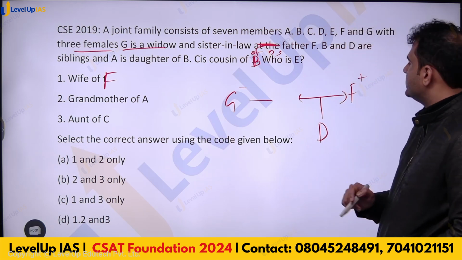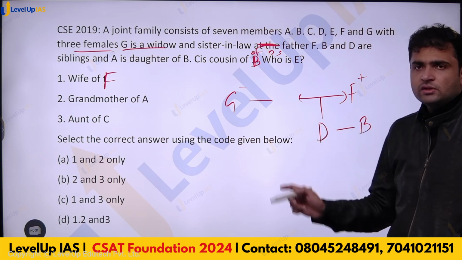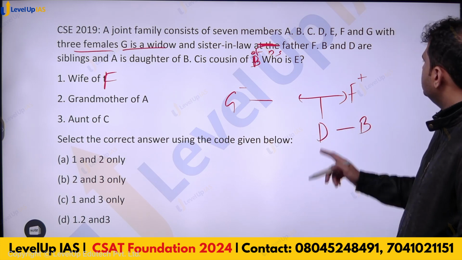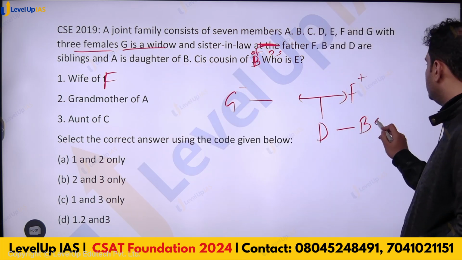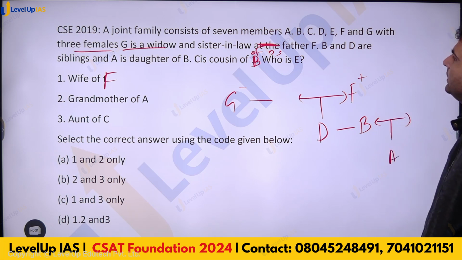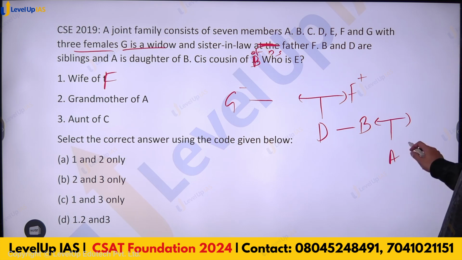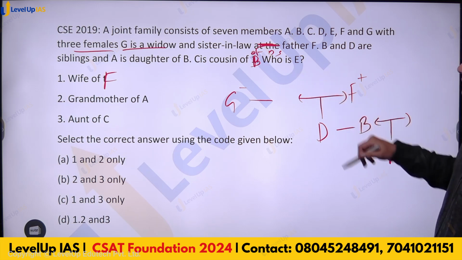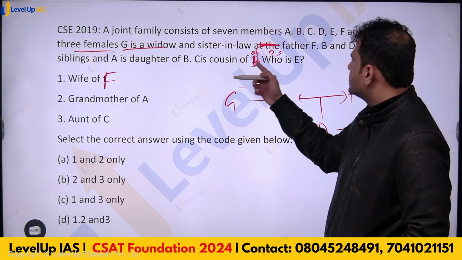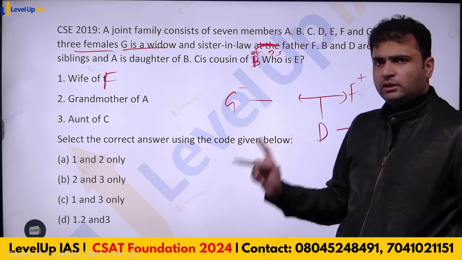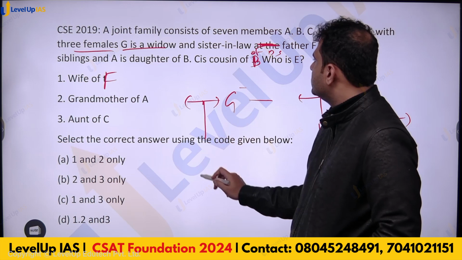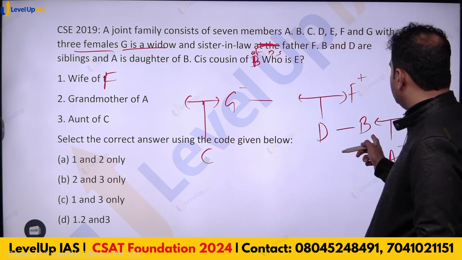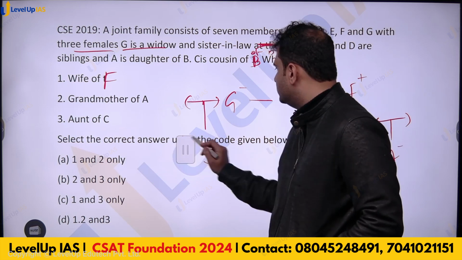Then B and D are siblings, shown by non-directional arrow. Then A is daughter of B, this person B, and the daughter is A. A is daughter of B and C is cousin of B. Now cousin can only be here: G's son or daughter would be cousin of B. They are in the same generation, right?